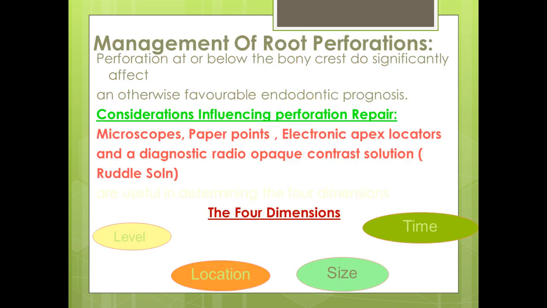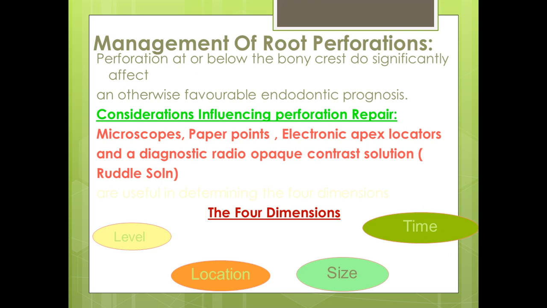And how do you manage this? Management is by non-surgical and surgical methods. The success of the perforation repair depends upon hemostasis, accessibility and visibility, use of various micro-instrumentation techniques to reach the area, and selection of the perforation repair material.